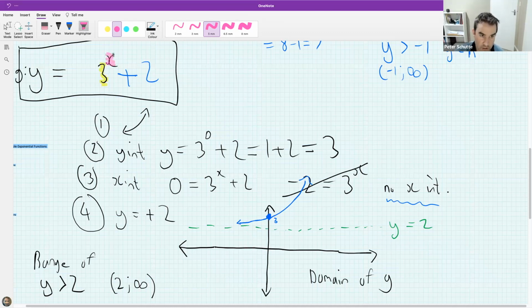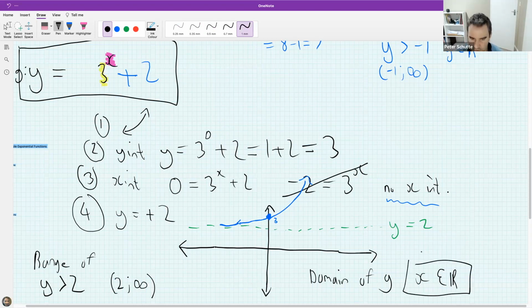You can put a minus number, you can put a positive number, you can put 0. You will always get something that goes with it. So if everything is valid, it will just be x is any real number. And so that is the domain of this function.